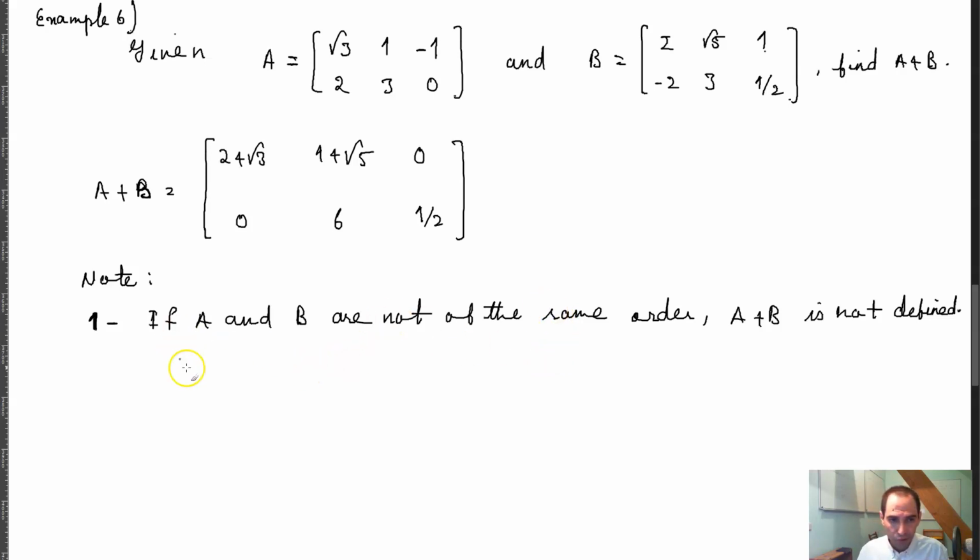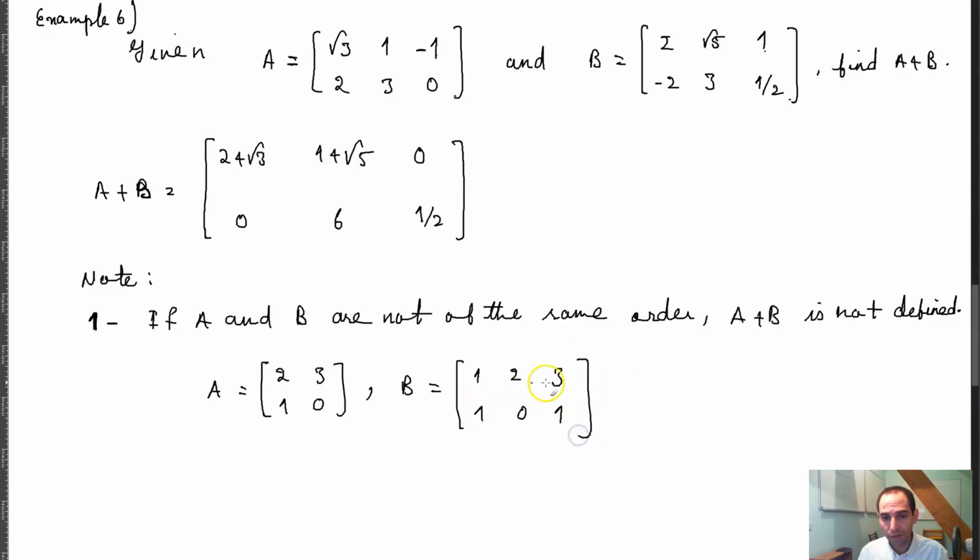So for example, for two matrices, A equal to 2, 3, 1, and 0, and B as 1, 2, 3, and 1, 0, 1, for these two matrices, A plus B is not defined, because this is a 2 by 2 matrix, and this is a 2 by 3 matrix.